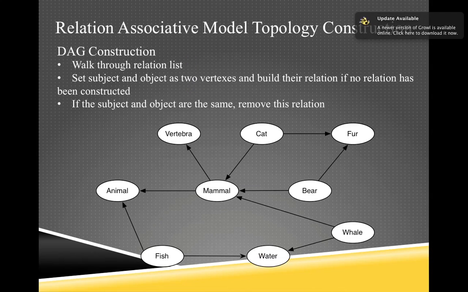Based on these relations, I use the diagram construction method to build the topology. What does the diagram mean? It is one kind of network. It includes vertices and edges. The graph is directed, and there is no loop in this kind of graph.